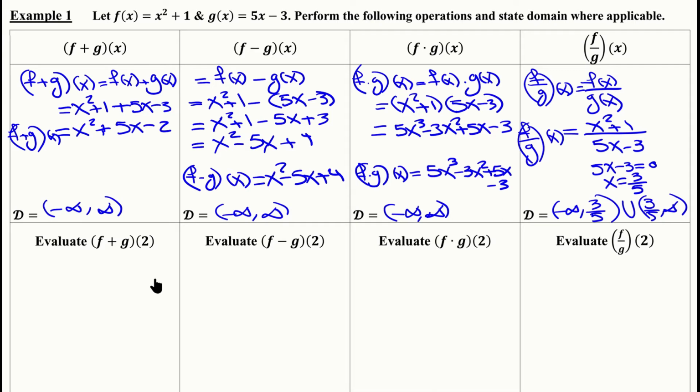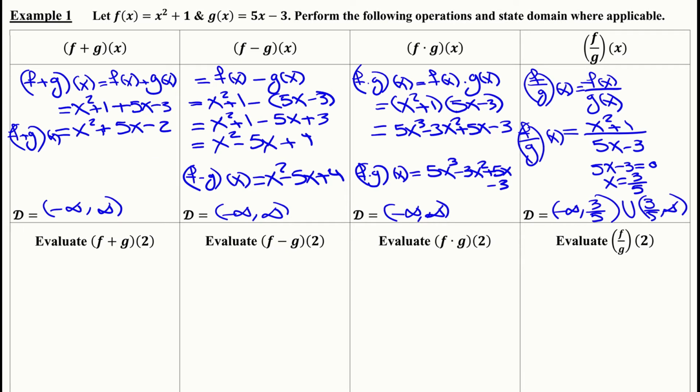Now, when it comes to f plus g of 2, for instance, here we're evaluating these specific outputs, and we notice that we could do it two ways. Since we've already calculated f plus g of x, we could go ahead and just plug the 2 into this expression to give us f plus g of 2.